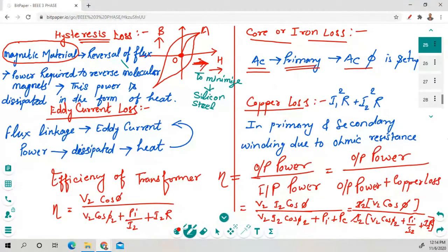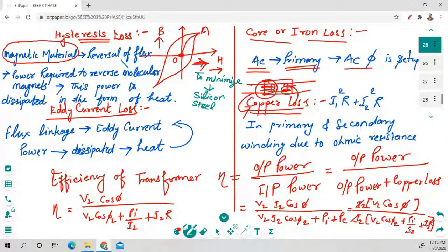Okay, now come to the copper loss. What is this copper loss? You have placed windings, and these windings are made up of copper. So the primary winding and the secondary winding are made up of copper.